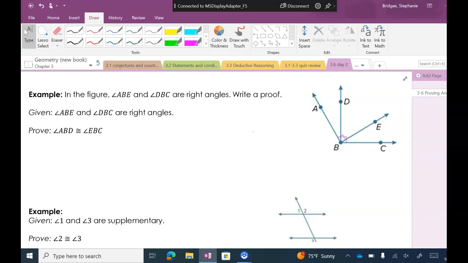DBE, this top angle here, plus EBC, this bottom angle here, can add together to equal the big angle. And that's the same reason, so I'm going to put it in the same sentence. The measure of angle DBE plus the measure of angle EBC equals the measure of angle DBC.